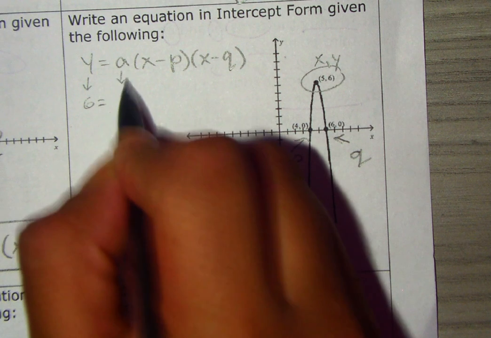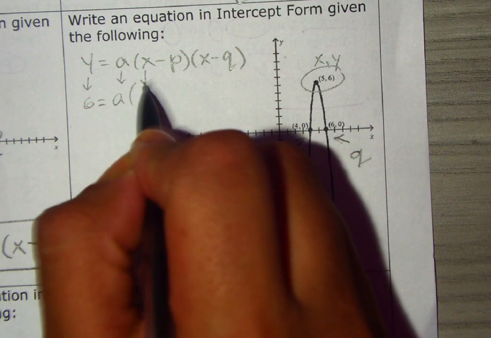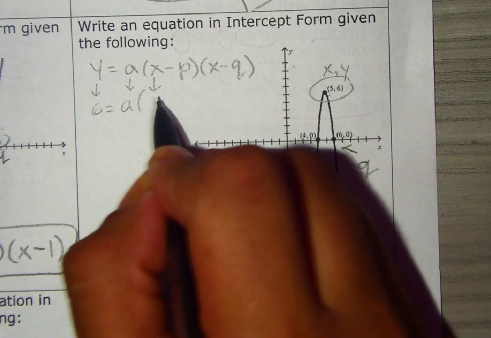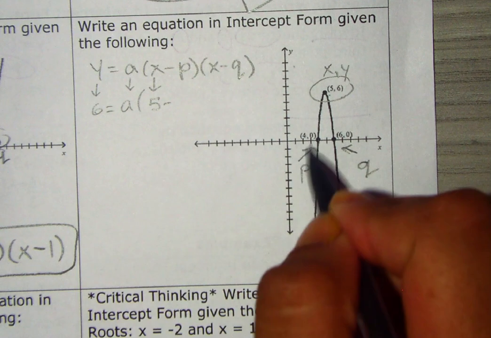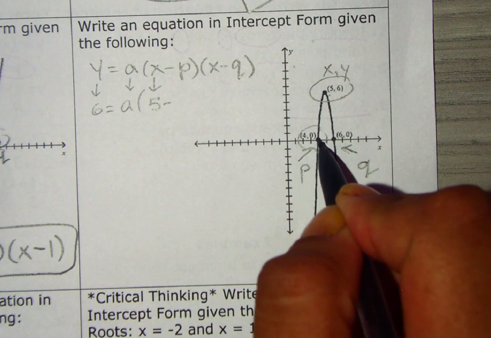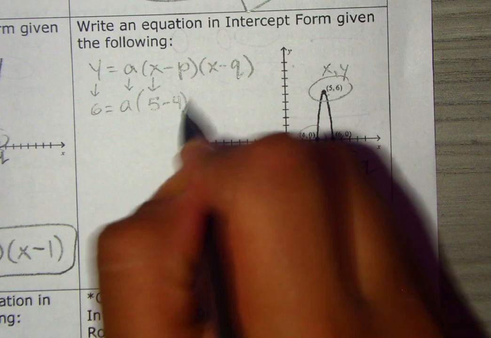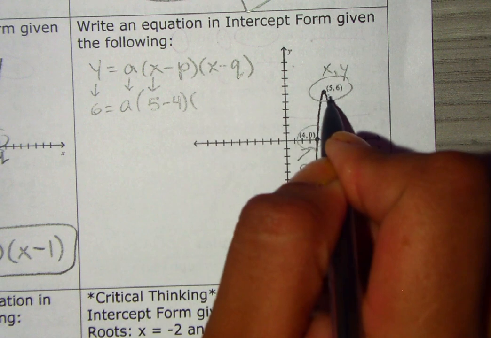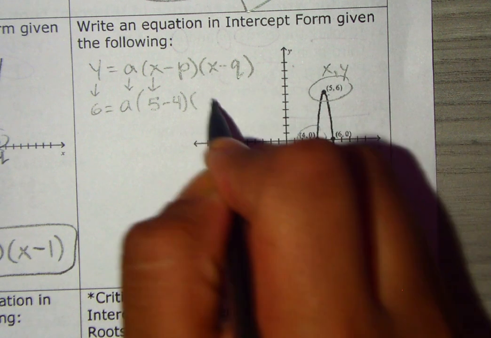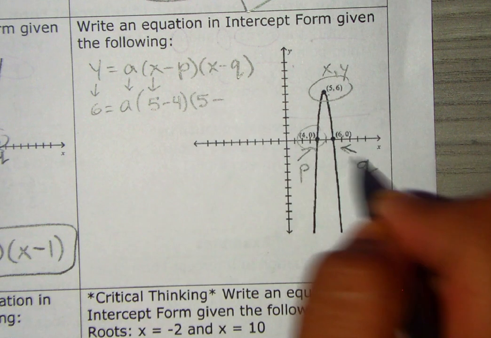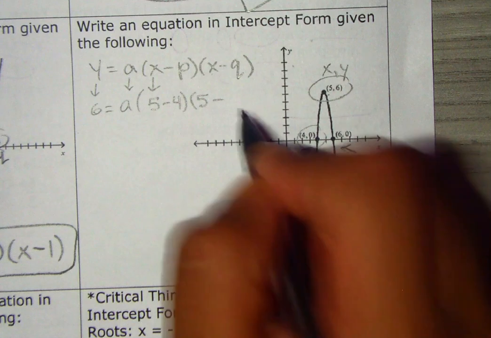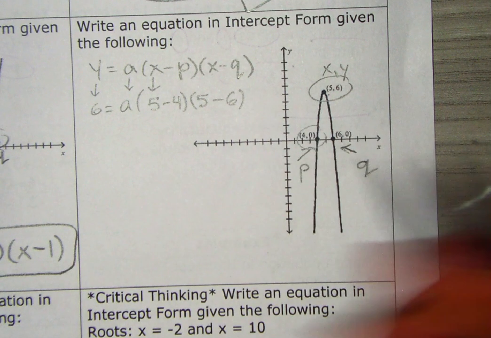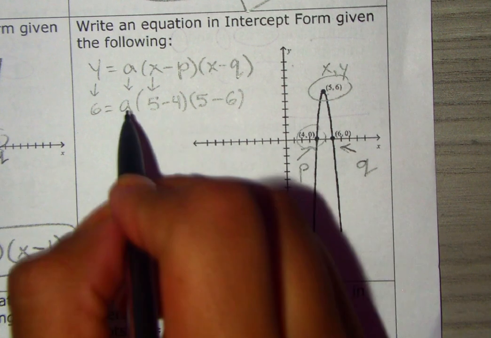We don't have the a value. We're going to put the x value of 5 minus your p. So the first intercept that I have right here is a 4. And then the x value of the point that we're using again, so that's a 5 minus the other x-intercept, so that's a 6. So once all these values are filled in, we're going to solve for a.